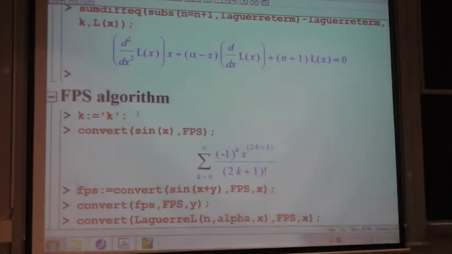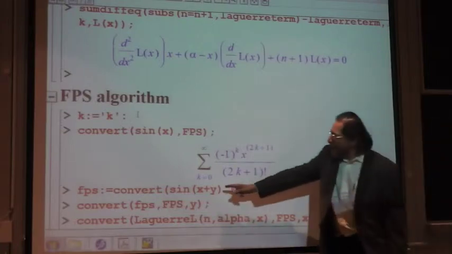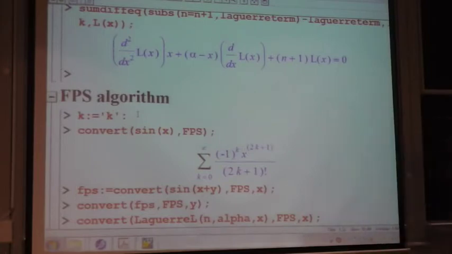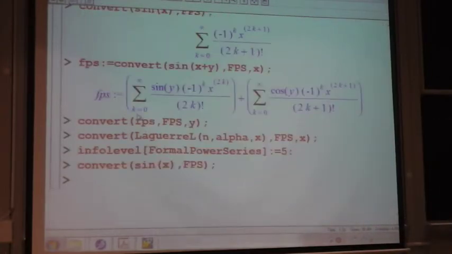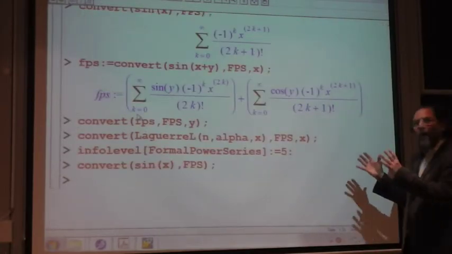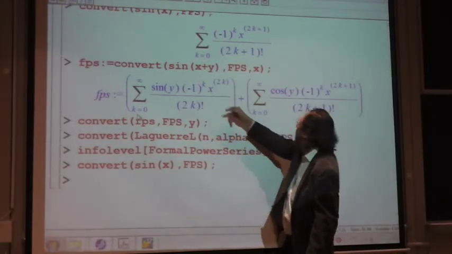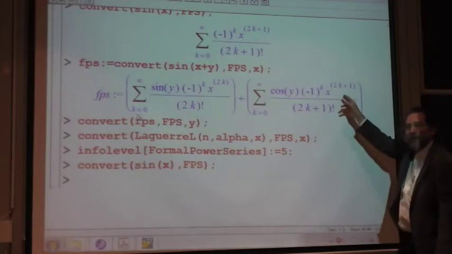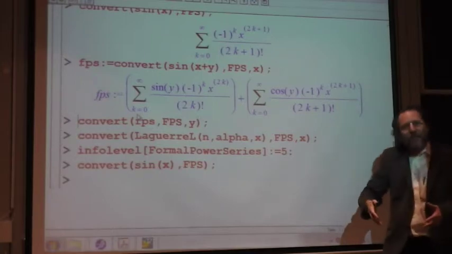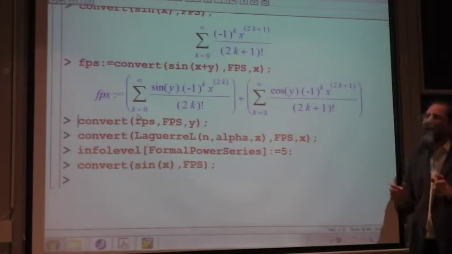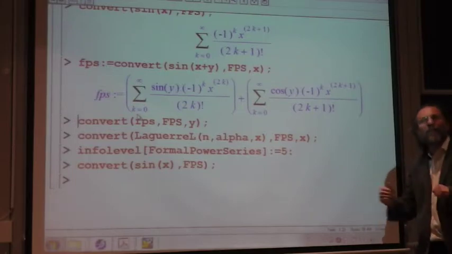So now assume what happens if there is a second variable involved, sin(x+y). If you use this here, then the power series is written in two parts, namely that's the even part with the even powers of x, and that's the odd part with the odd powers of x, because the recurrence equation happens to be of the form a_{k+2} divided by a_k is a rational function.